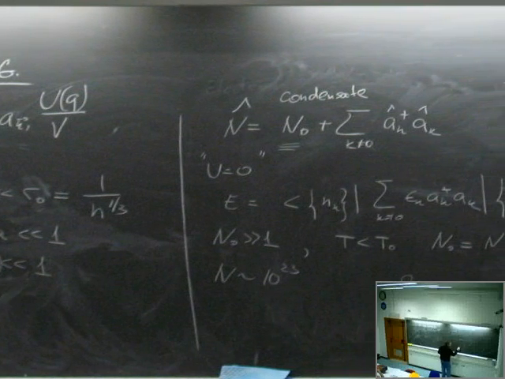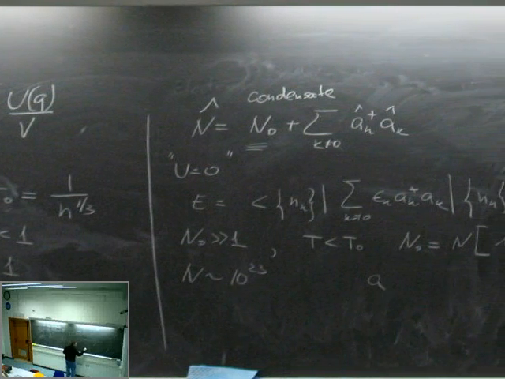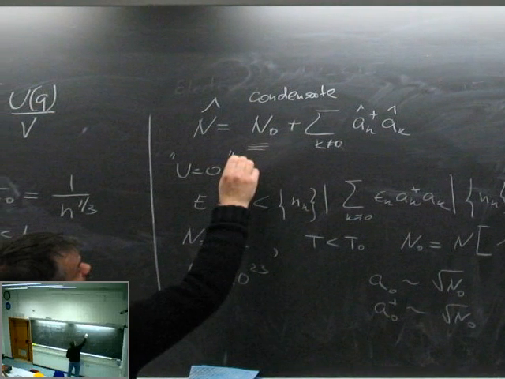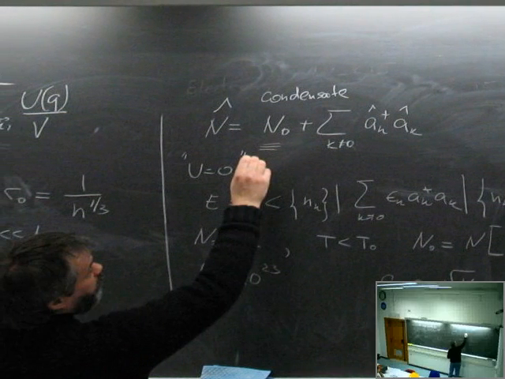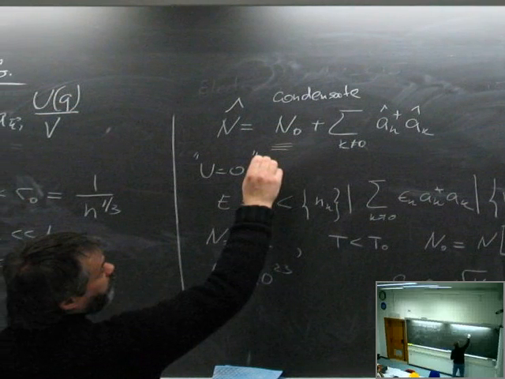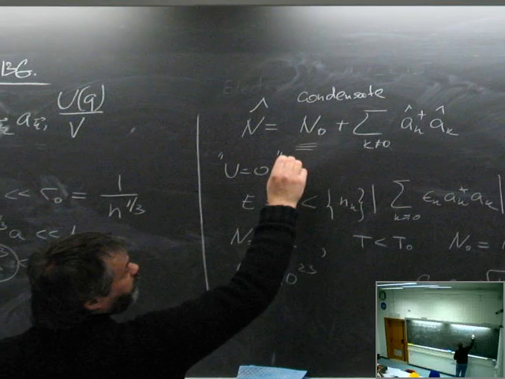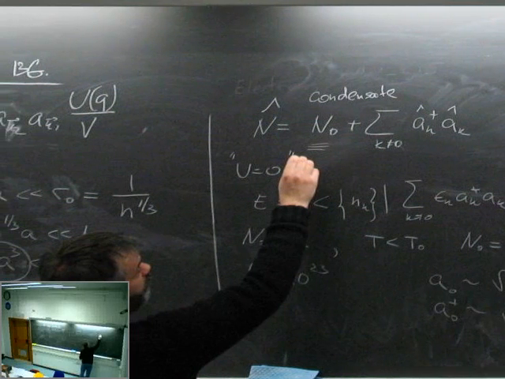It's just a C number, and a_0 squared is of the order of N_0. So N itself is a_0 dagger a_0 plus sum over k not equal to 0, a_k dagger a_k.